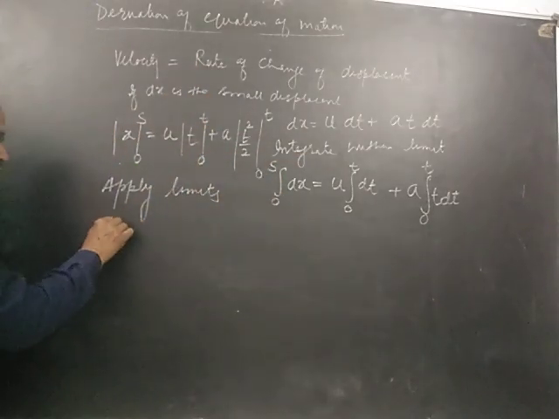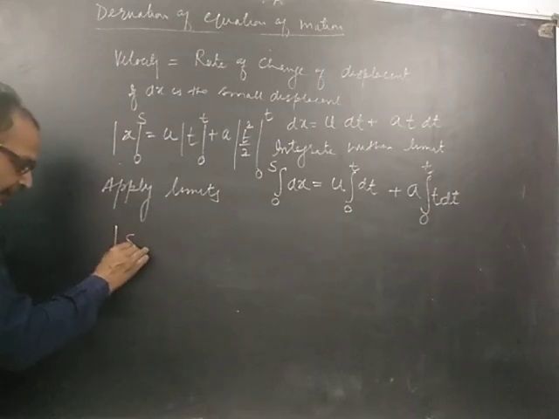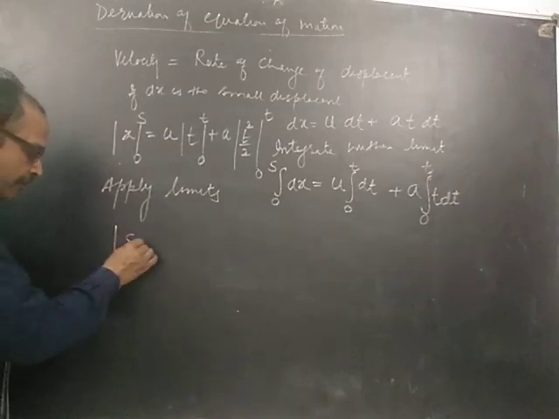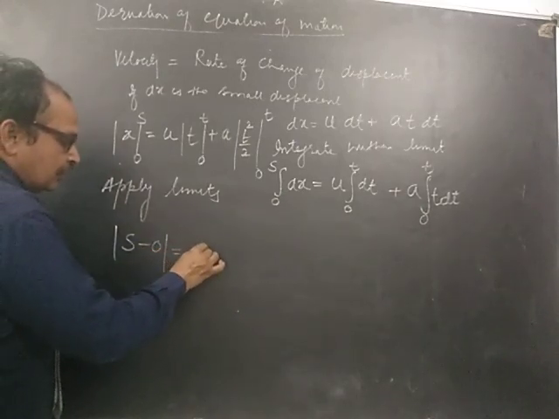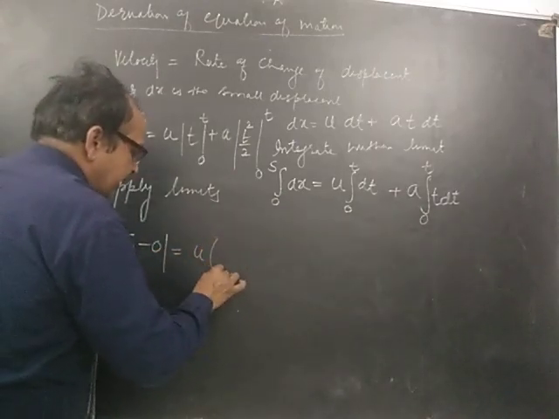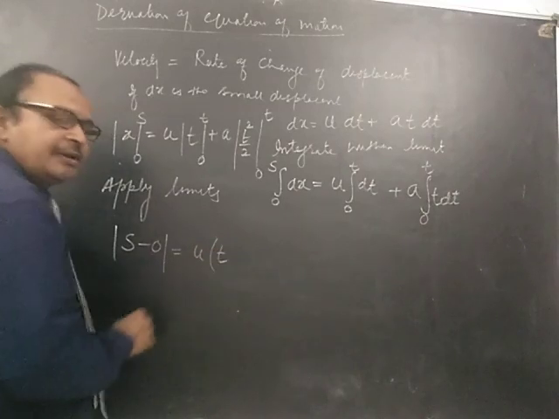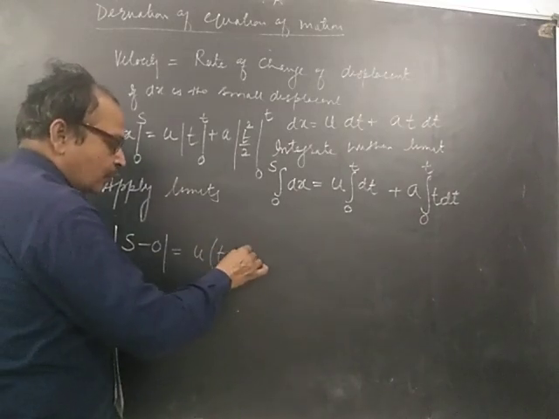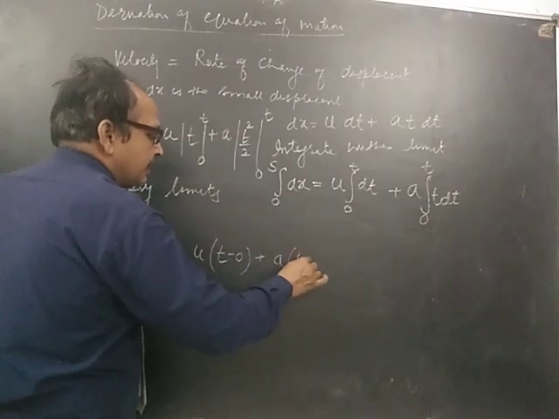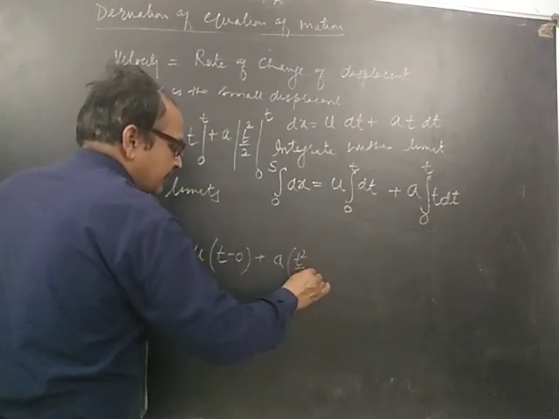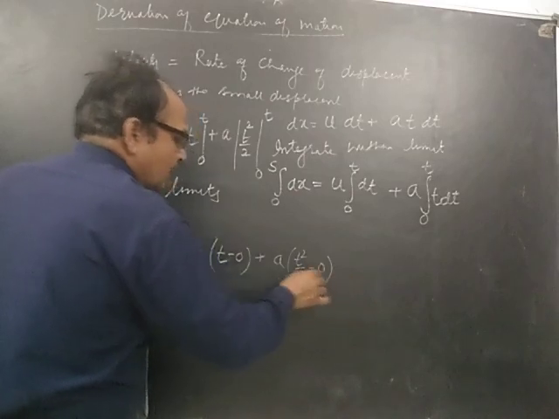So this will be upper limit minus lower limit is equal to u into (upper limit minus lower limit) plus a (upper limit minus lower limit).